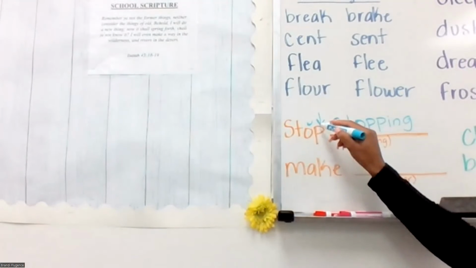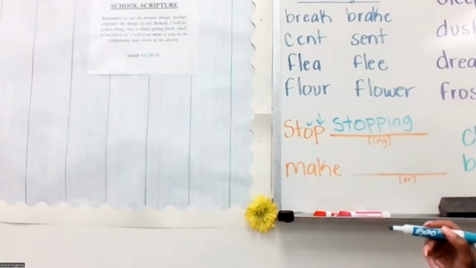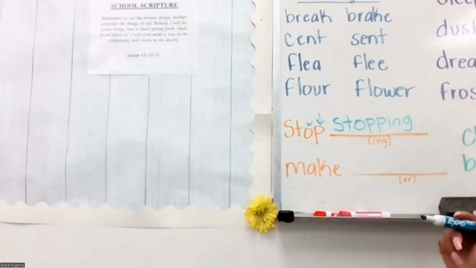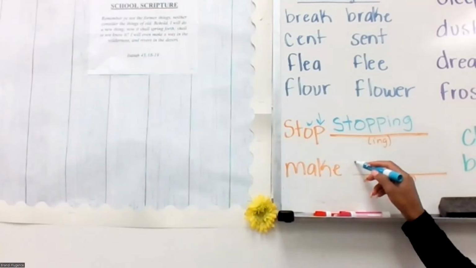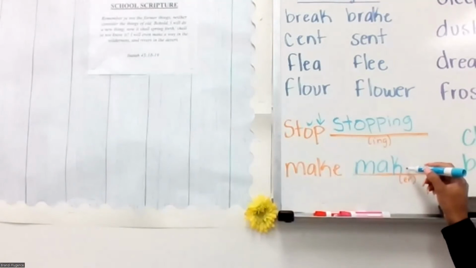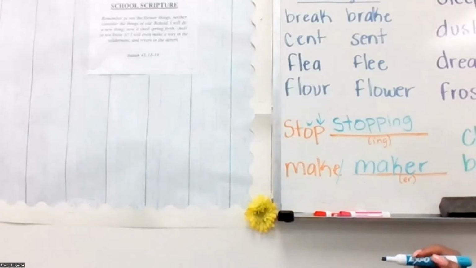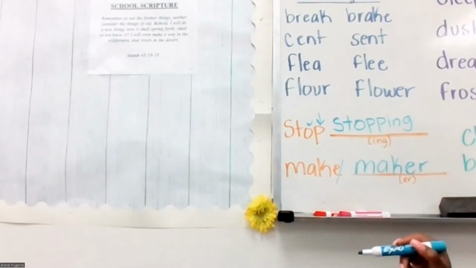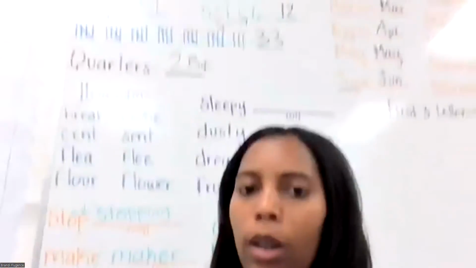Remember, if it has a short vowel and it ends with a consonant, we double it. Good. Let's look at make. Let's turn it into maker. Narai, how would I write this? M-A-K, drop the E and put E-R. Good. Because it ends with a silent E, we drop the E and then add our suffix ER. Good.